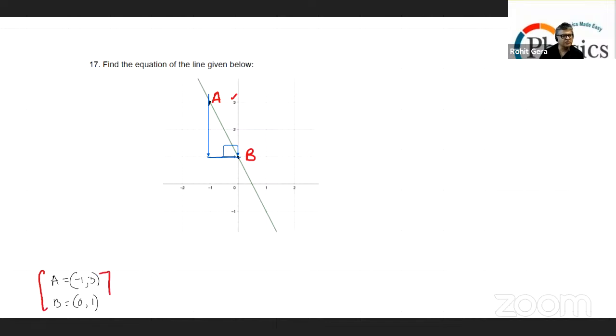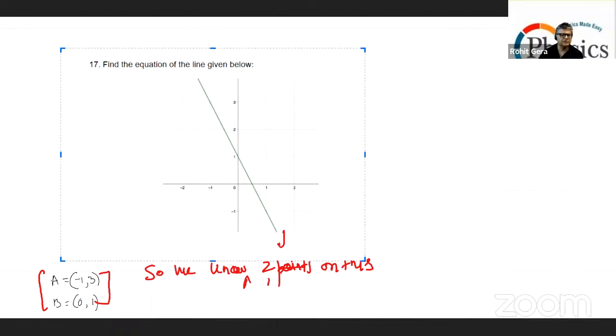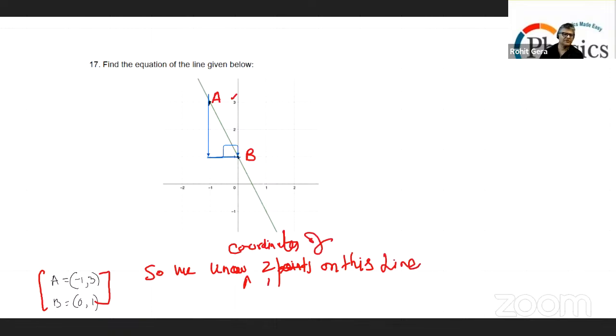So we know coordinates of 2 points on this line. Now find the equation of the line.